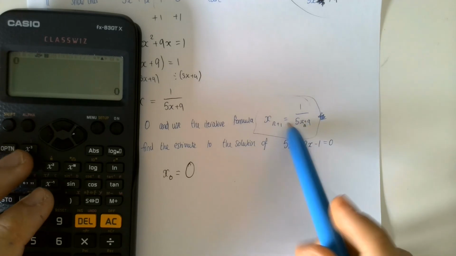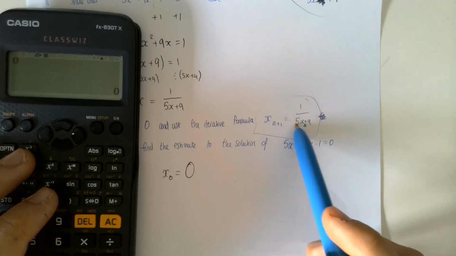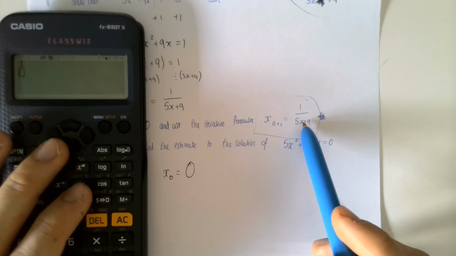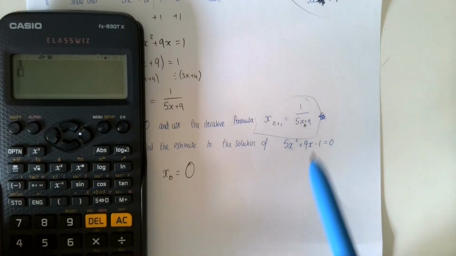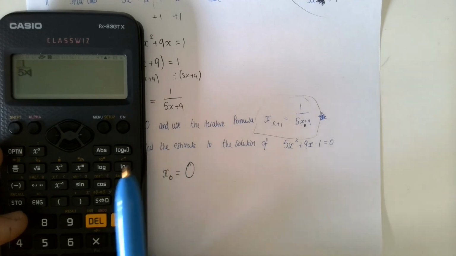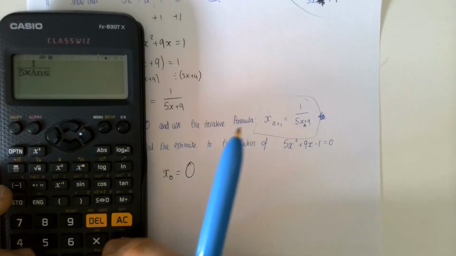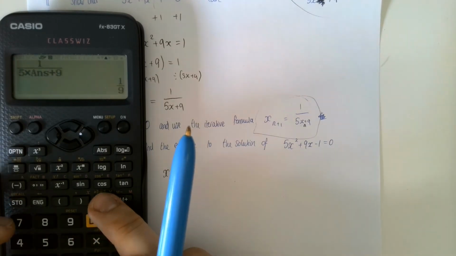And then I'm going to type in this formula, including answer instead of x. So 5 times answer, plus 9.